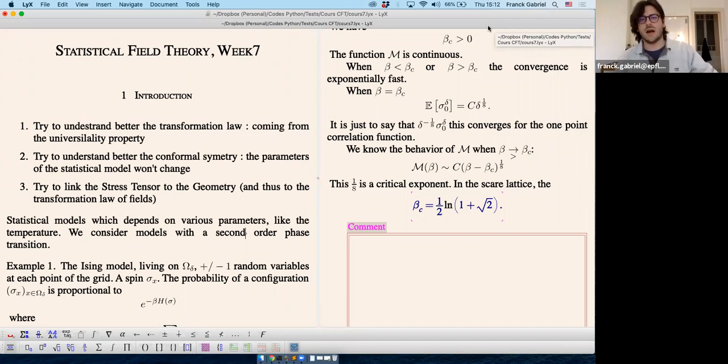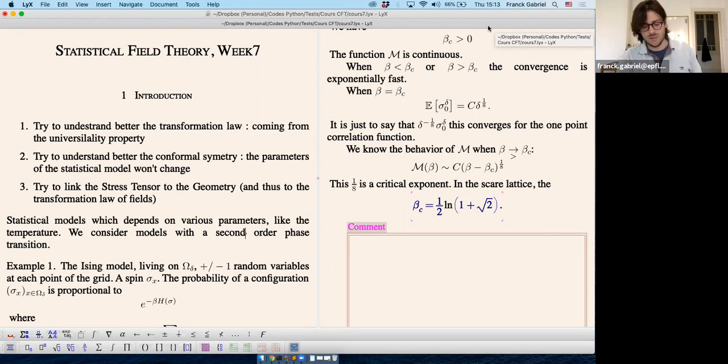There are different critical exponents that you can define when you have such a model with a second order transition, and each time they are power laws. It tells you how something explodes as a power law, or how it goes to zero with a certain power law, and there are 6 critical exponents which are important.